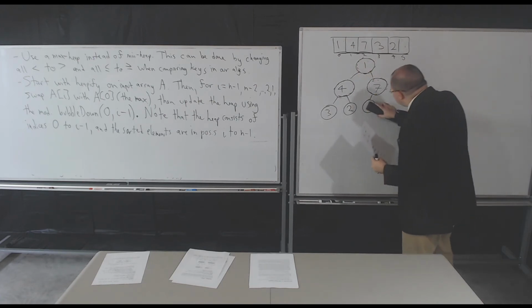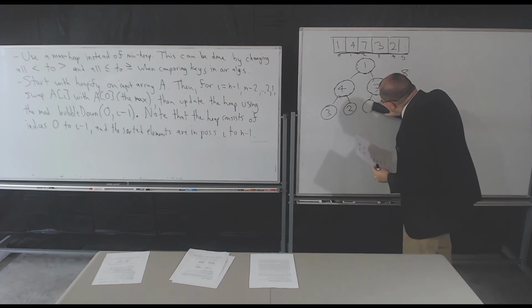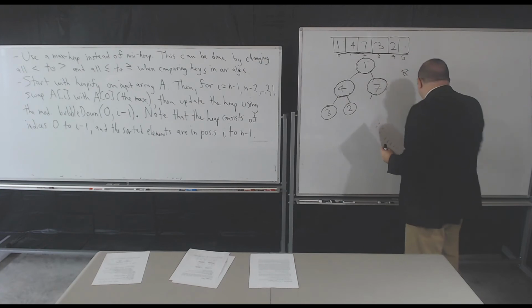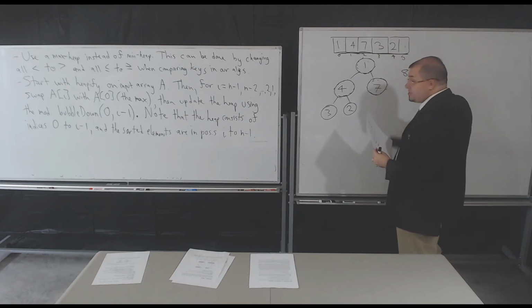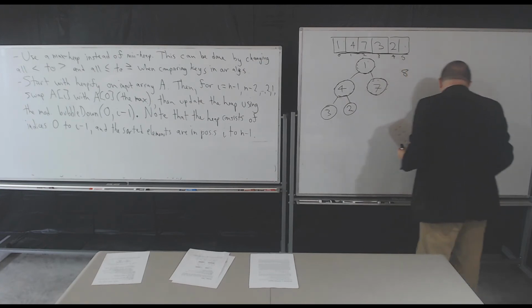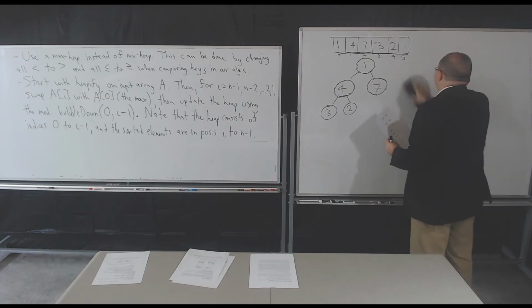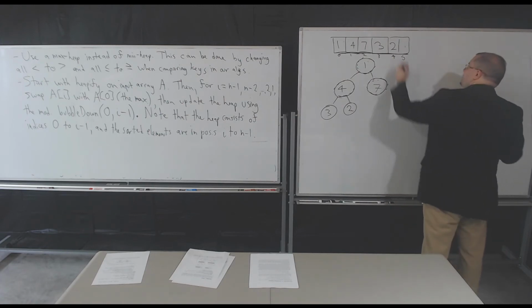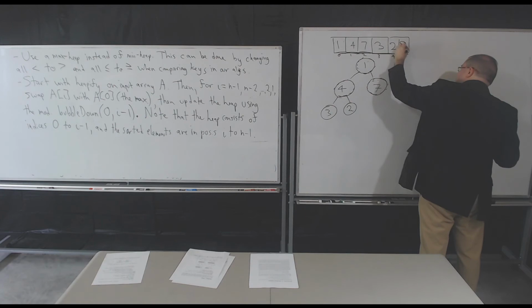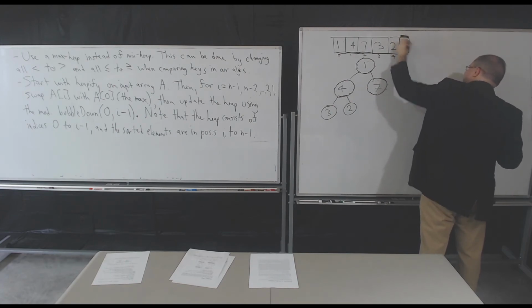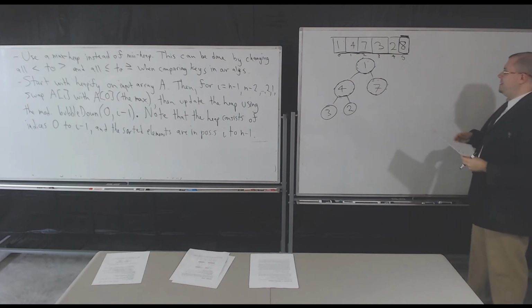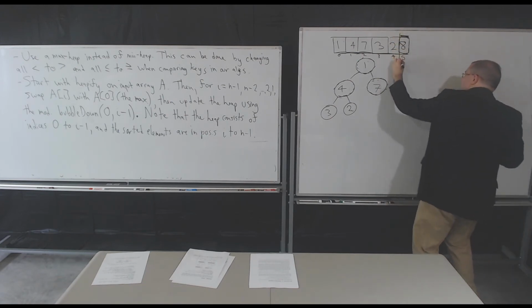But I want you to observe that when I get rid of this, now there's one spot that I can put 8 into. So now I'm going to stick 8 right here. Now to make this a little easier to see, I'm just going to put a bar up here. So now this is not a part of the heap anymore.